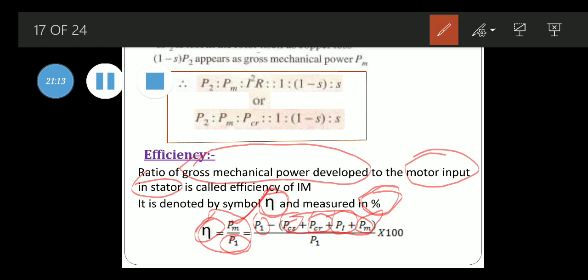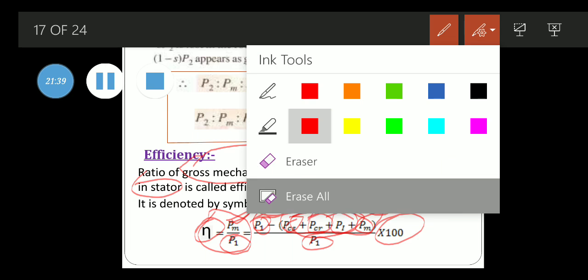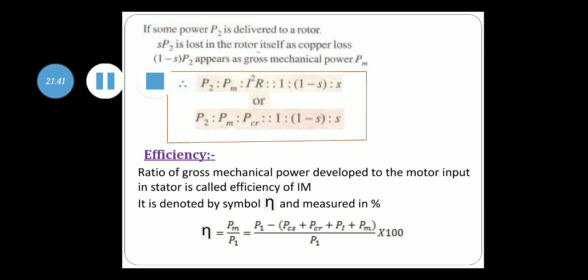That means the combination of all the losses is considered, that is copper losses, iron losses and mechanical losses. That is subtracted from the input power, then you will get the output power, that is Pm. This is multiplied by 100, because we measure efficiency in terms of percentage. This is about the efficiency of an induction motor.